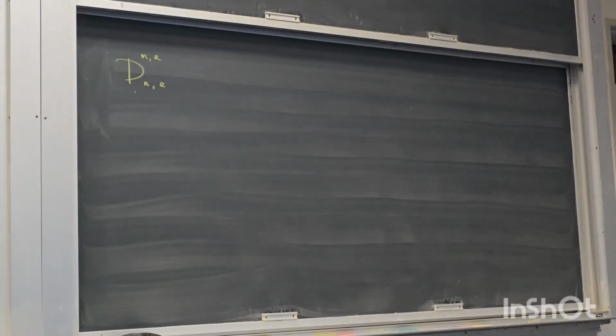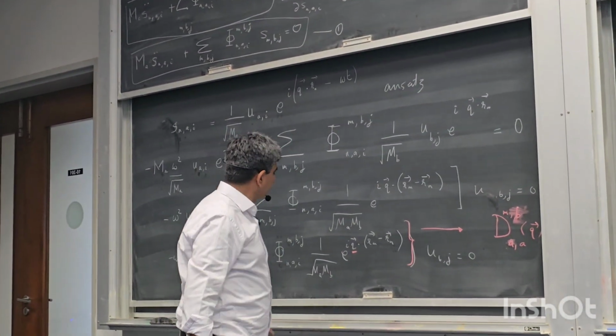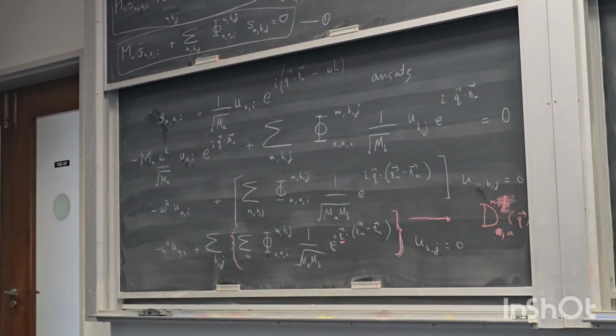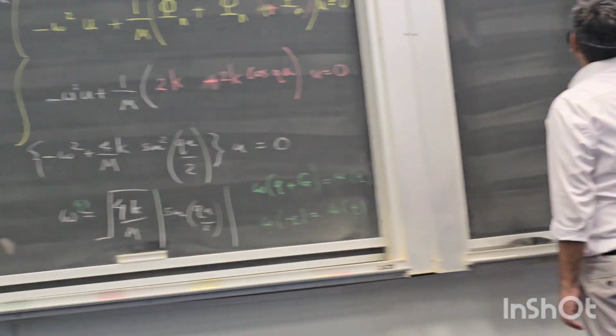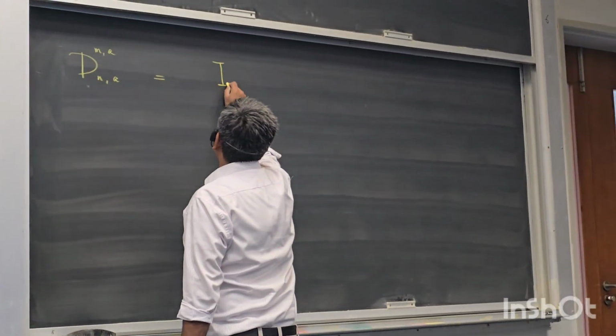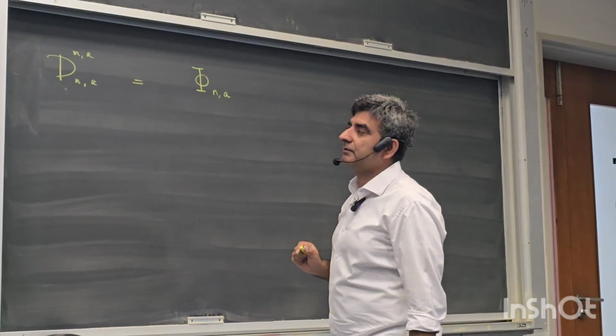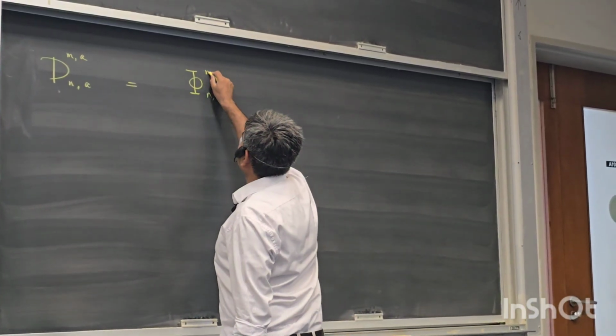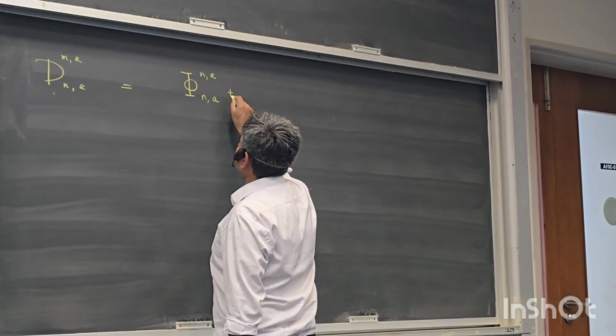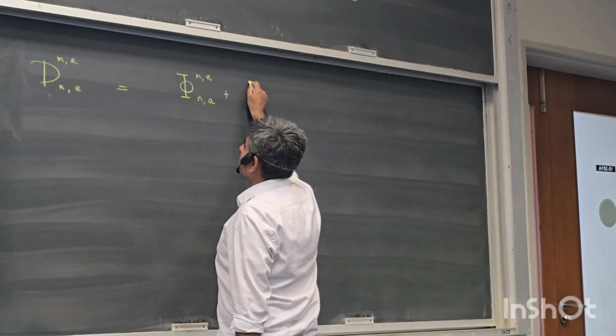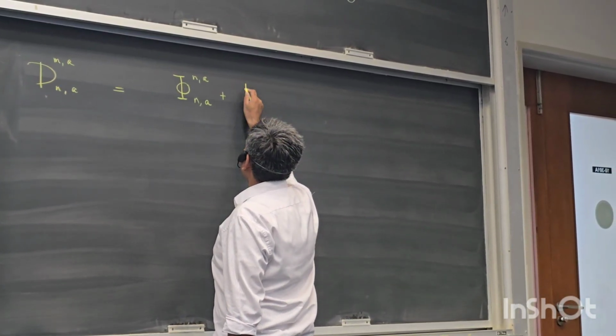Now I need to sum over all the M. So in order to calculate this term, I need to sum over M. Slightly complicated. So it's phi NA plus phi.